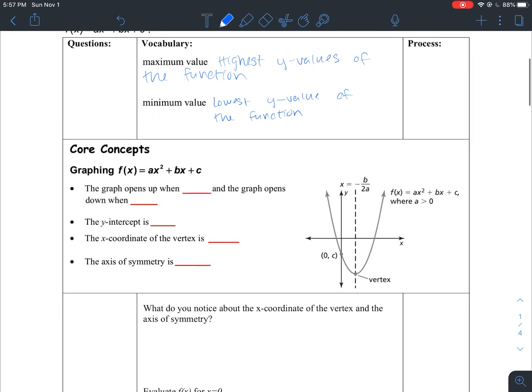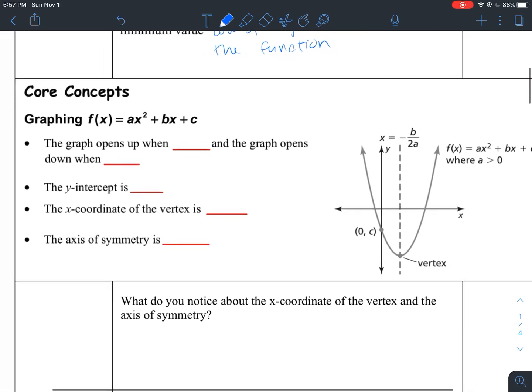So let's look at a quadratic function right here. This is a graph of a quadratic function in the form f of x equals ax squared plus bx plus c. It looks like this, and you can see that the y-axis is right here, and our vertex is not located on the y-axis.